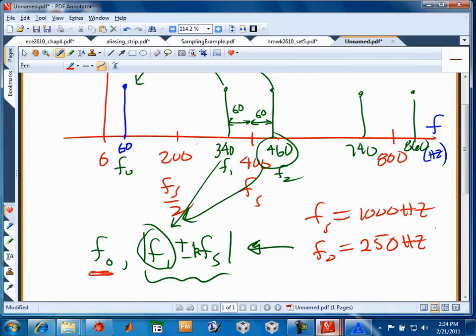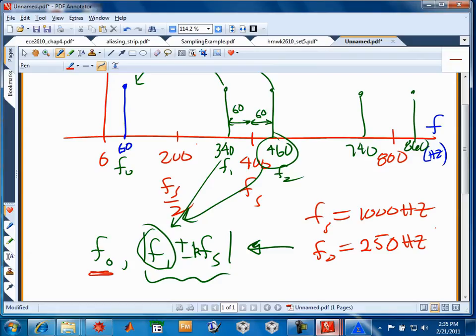And your answer would be, what's the test? Well, principal aliases in terms of the frequency axis in hertz have to lie between 0 and fs over 2, remember? So 250 is less than 500, so it fits. Now, what are some other frequencies that, with regards to a 1,000 hertz sampling rate, alias to 250? You would go with the idea of 250 above or below 1,000, 250 above and below 2,000, and so on. Is everybody getting that?